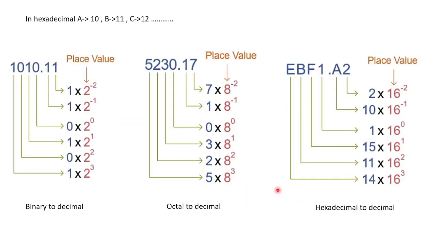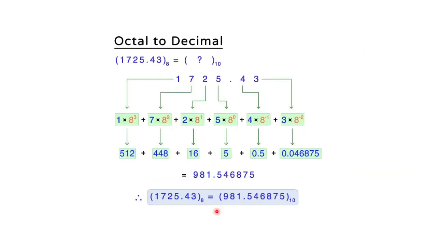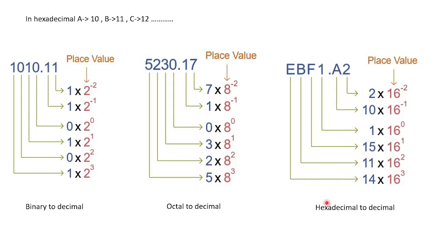Likewise, this is the case of binary to decimal. This is the case of octal to decimal, which we have recently done. This is the case of hexadecimal to decimal. Everything is similar, we just multiply and add everything together. That will be your homework.